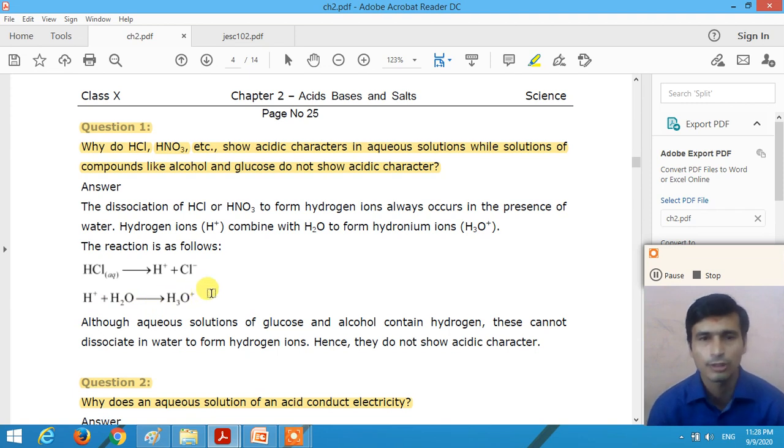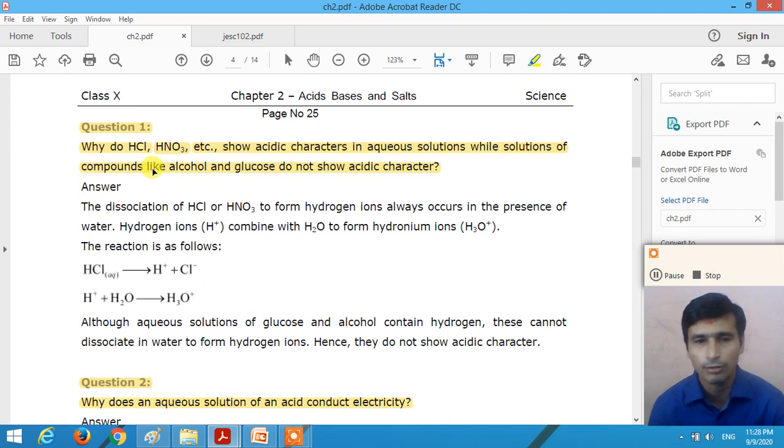So the solutions of HCl and HNO3 show the acidic character because of the presence of the H3O plus ion, while alcohol and glucose contain hydrogen, but they cannot dissociate in water to give the hydrogen ion.